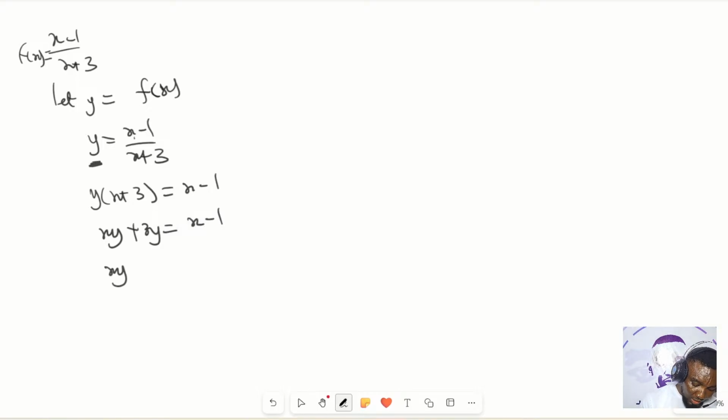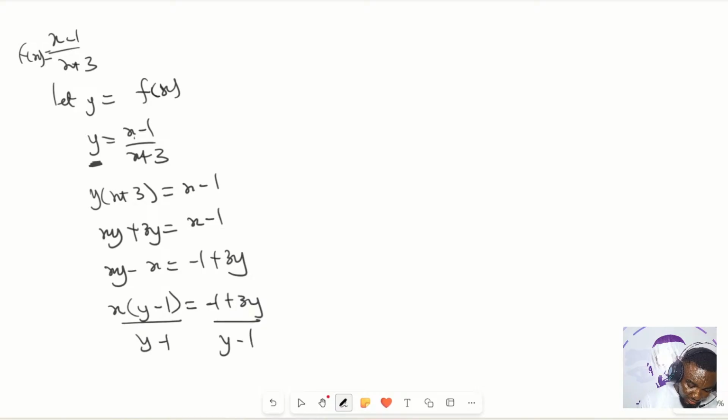So we have xy, when we move this here, it becomes minus x is equal to -1 minus 3y... so xy minus x is equal to -1 minus 3y. That implies that we are going to factorize x out. So we have x times y minus 1 equal to -1 plus 3y, all over y minus 1. So x becomes equal to -1 plus 3y all over y minus 1.